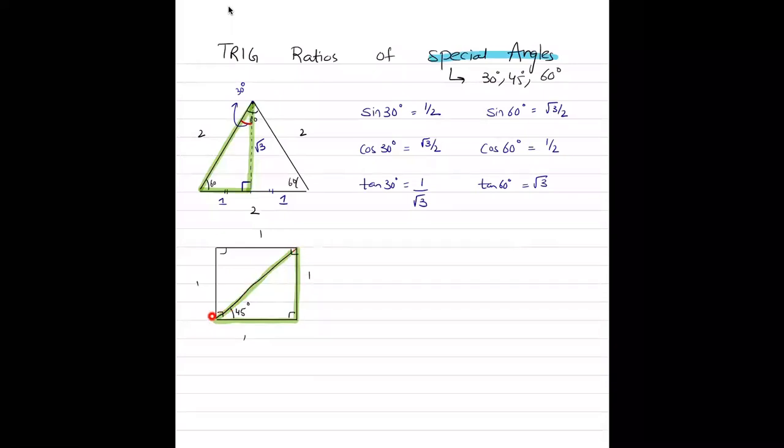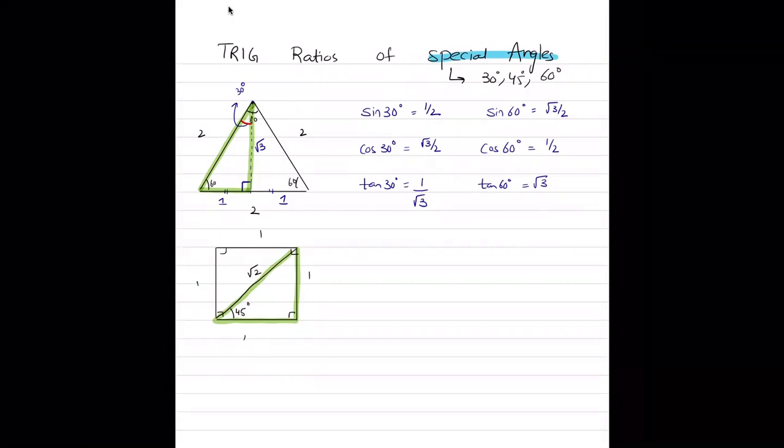You can apply Pythagoras theorem. Square root of 1 square plus 1 square is square root 2.